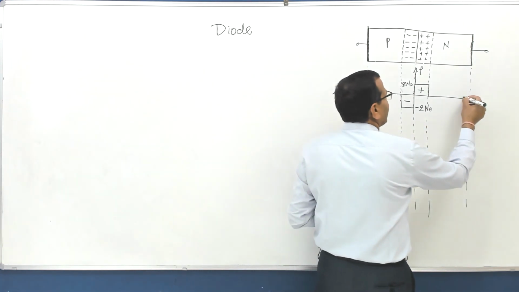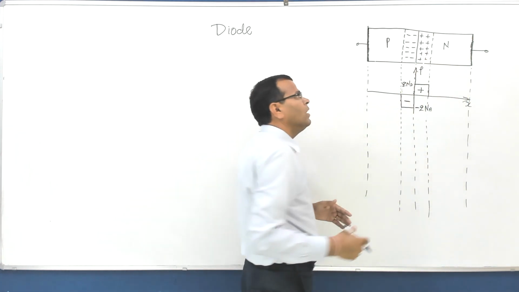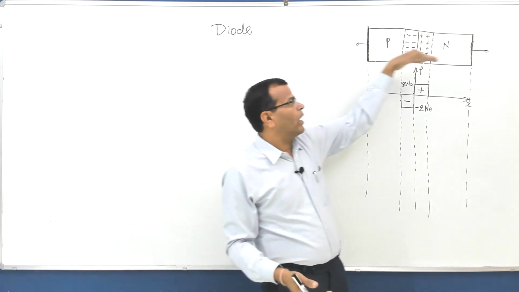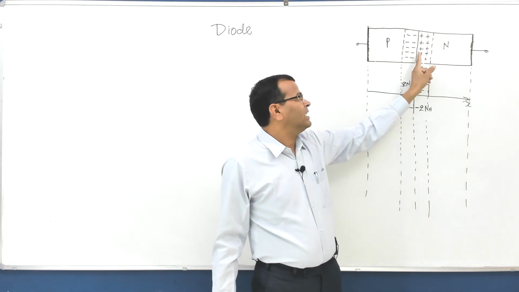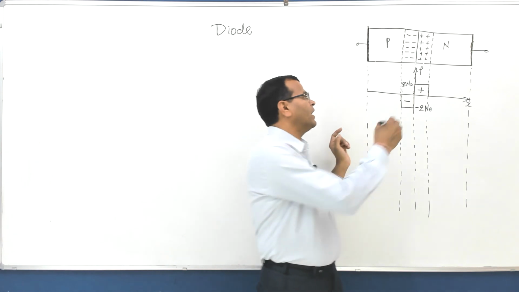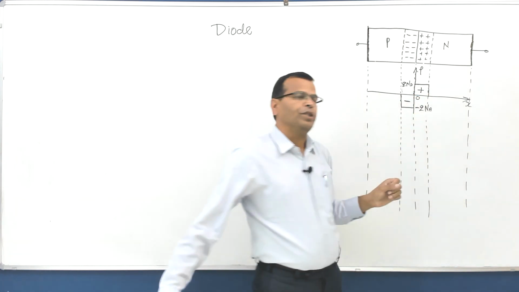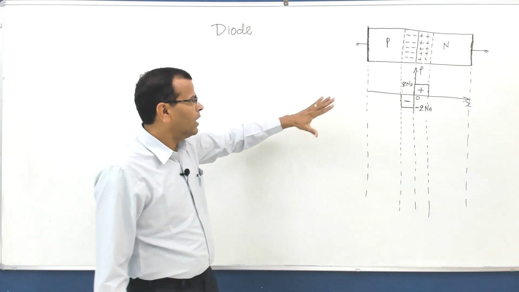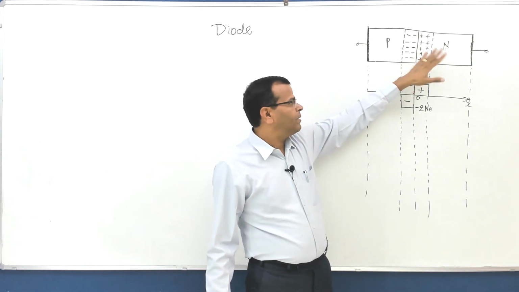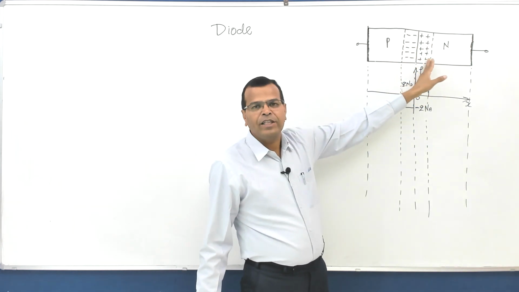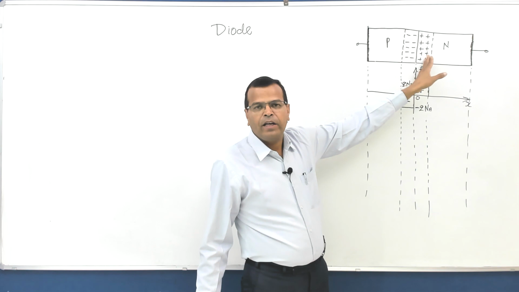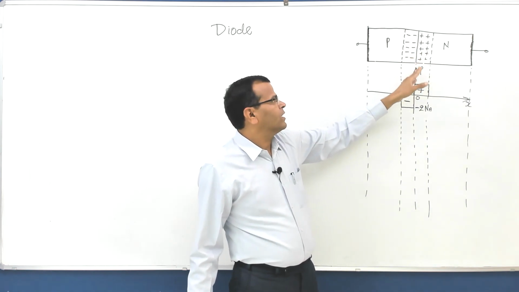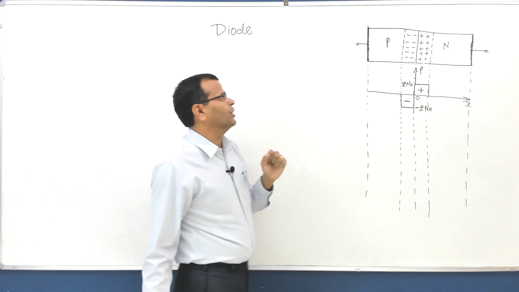Say this is direction x. Why? Because I am assuming the diode is placed along x axis with its junction coinciding with x equal to 0, that is origin. I hope the concept is clear. This is open circuited bar having positive charge density on this side of the depletion layer, negative charge density on this, and this is your variation.